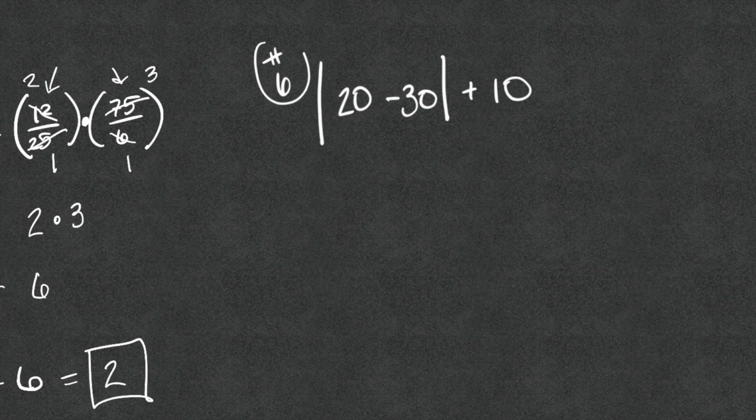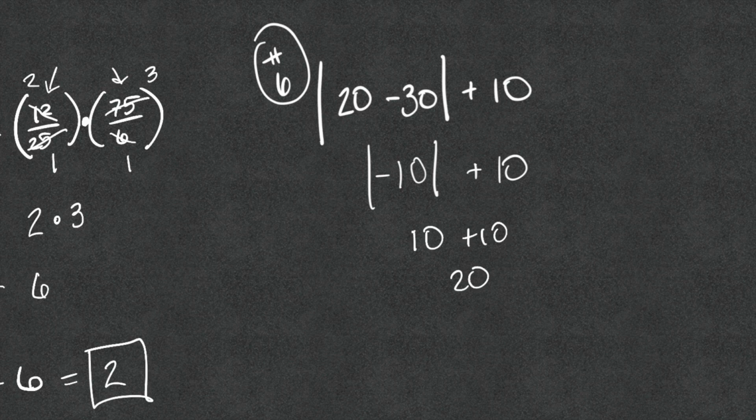This expression, it is an expression, there's no equal sign, so it can be simplified. 20 minus 30 leaves us with a negative 10. And again, I have to still concentrate on this negative 10, which, the absolute value is the distance from the origin, or I can think, just knock off that negative. I'm left with 10 plus 10, which is 20. Piece of cake. All right, let's move on.